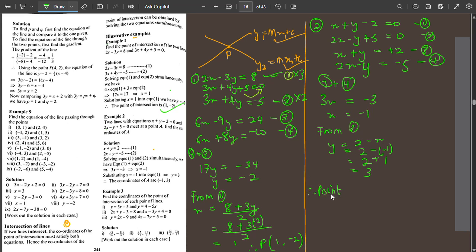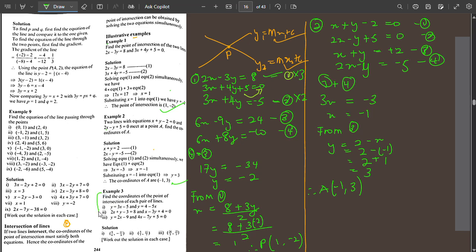Oh, they didn't ask for the point of intersection. The coordinate of A. So in this example, it's A. The coordinate of A. So A is minus 1 and 3. Perfect. Minus 1, 3. And then we have the answer.